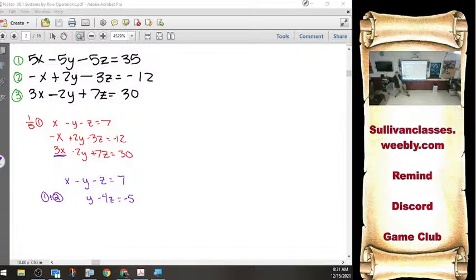Which one's better? In my experience, if I can multiply by not a negative, I'll do it because it's one less thing for me to screw up. So if I want 3 of these plus this, that's exactly what I write. 3 equation 2's plus equation 3.